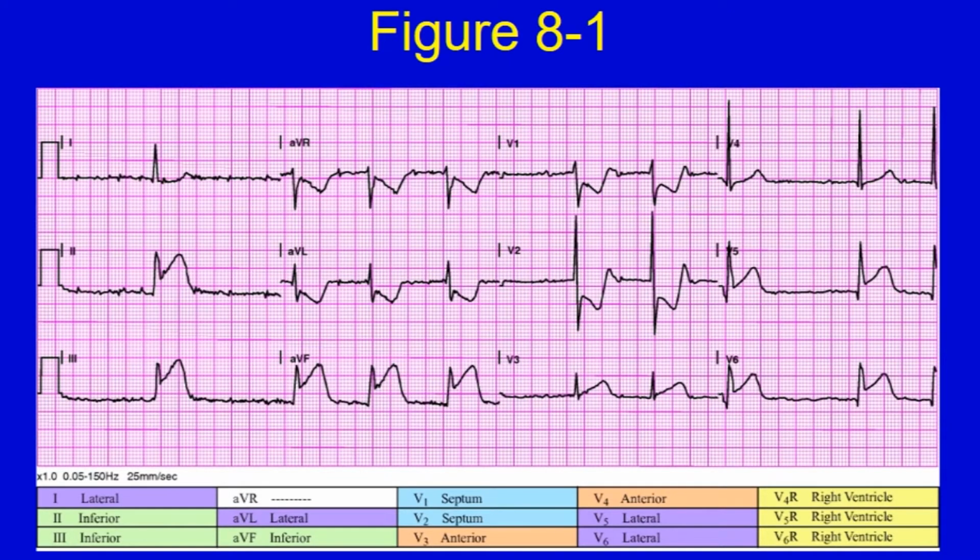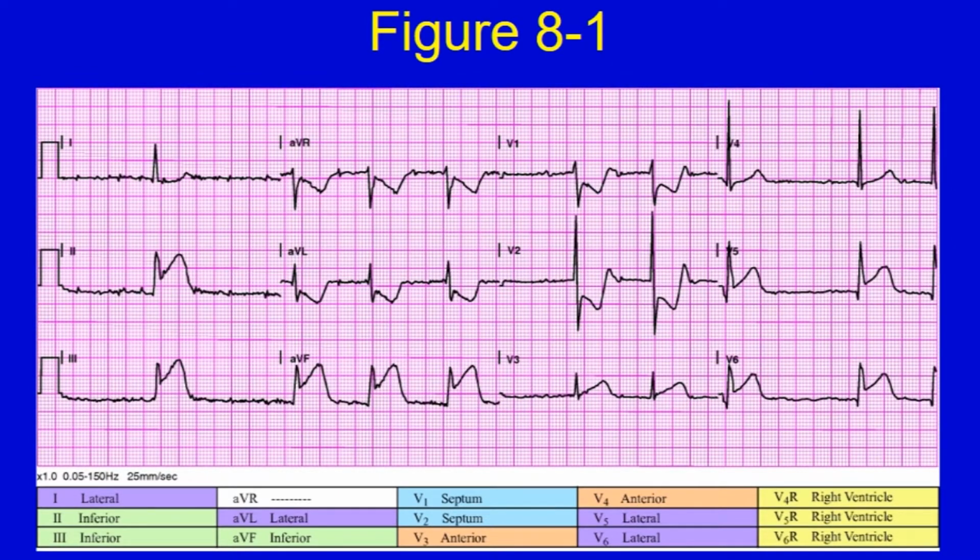What about V5, V6? Okay. Now, reciprocal changes, meaning ST depression. Which ones have that? AVR does. I'm going to tell you, we really kind of do 11 leads for the most part, but sometimes when AVR is involved, it just means it's that much worse.